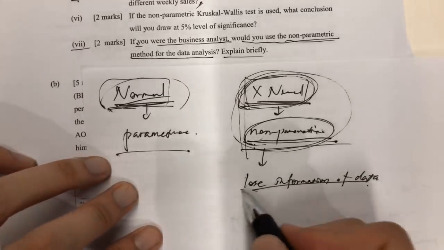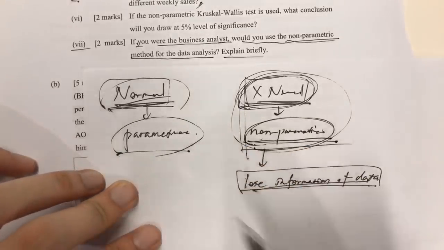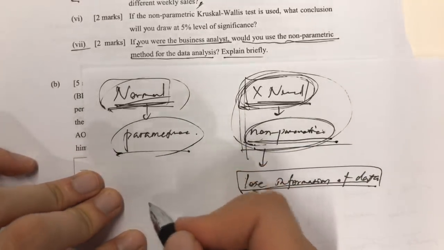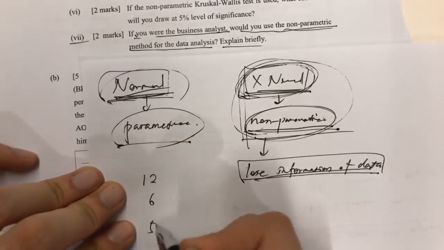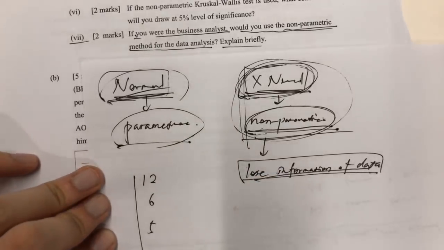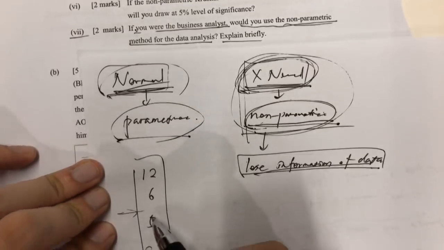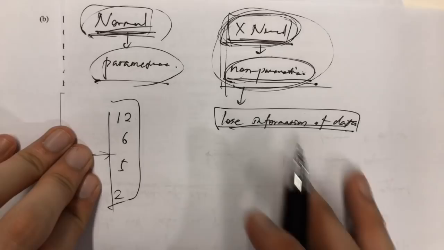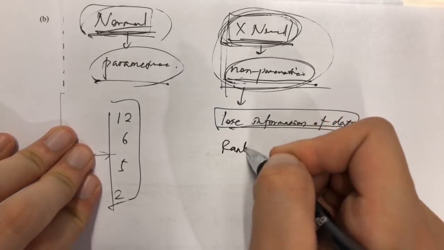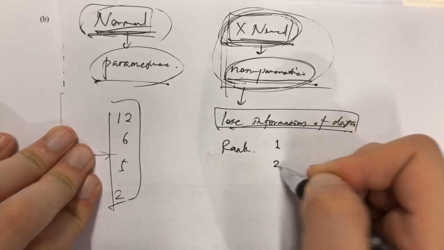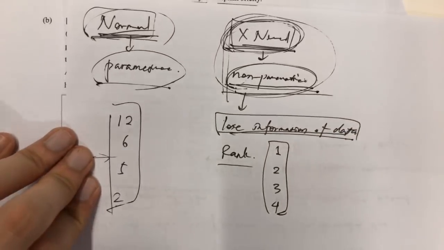For parametric tests, we use the numerical values of the data, for example, 12, 6, 5, 2. So when we calculate an average, we can get the exact central location, right? However, in non-parametric tests, we are using the rank of the data. This will definitely lose a lot of information in the data, okay?